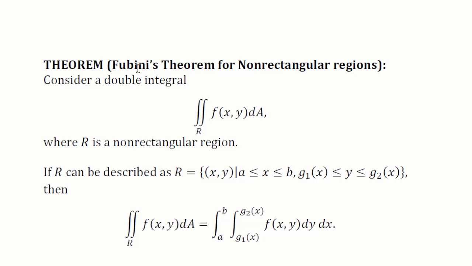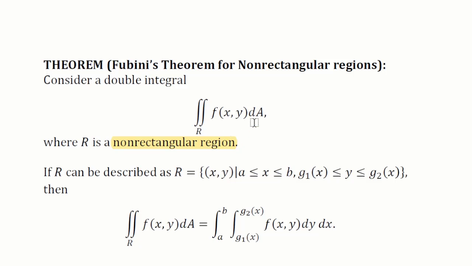So now we're looking at Fubini's theorem for non-rectangular regions, an extension of the earlier theorem. Let's consider a double integral problem. As usual, it's a double integral of a function of two variables over a region R, but R here is a non-rectangular region. The word highlighted here is non-rectangular region.